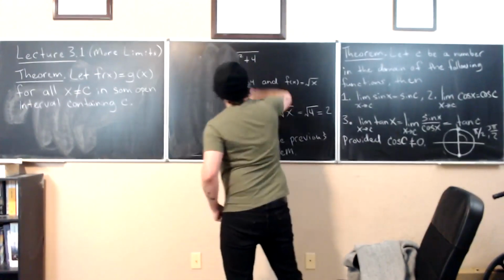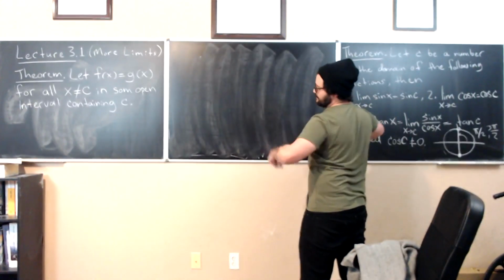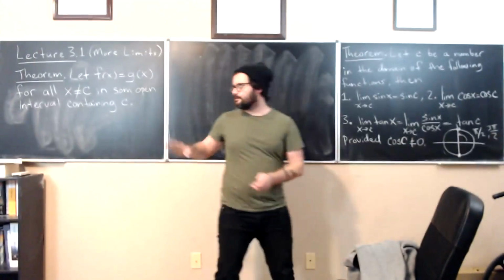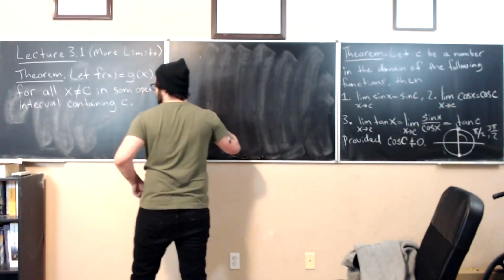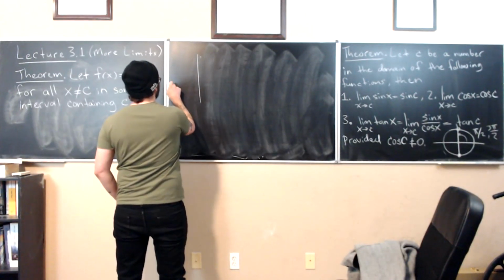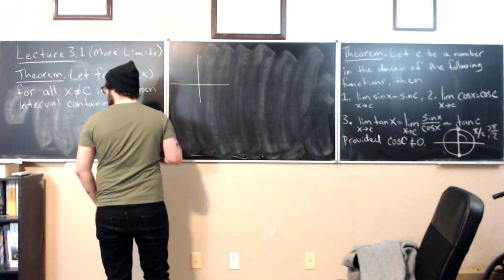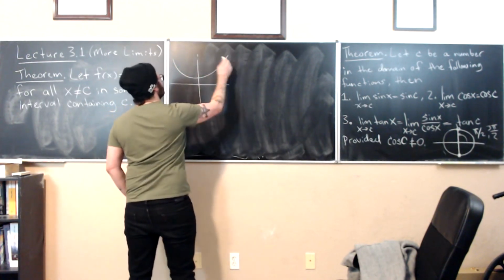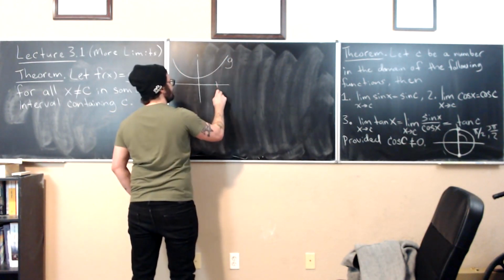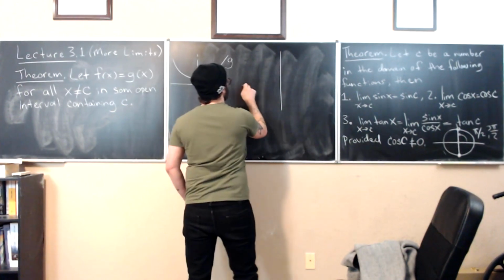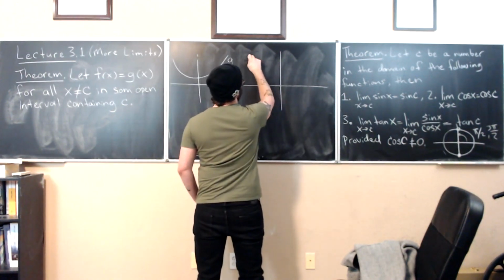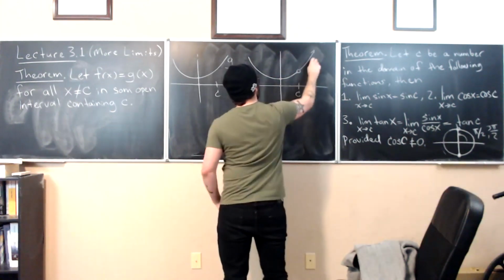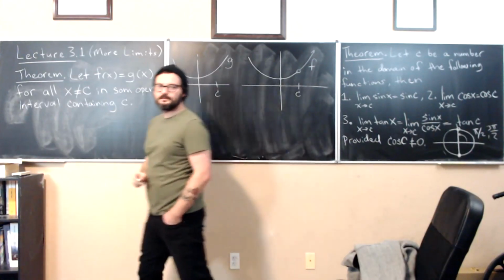I haven't stated the actual conditional of that theorem, but I just want to make sure that you're on the same page before I write that down. So, for example, maybe we could have, like, this is g, and here's c, and then f looks the exact same except at x equals c.